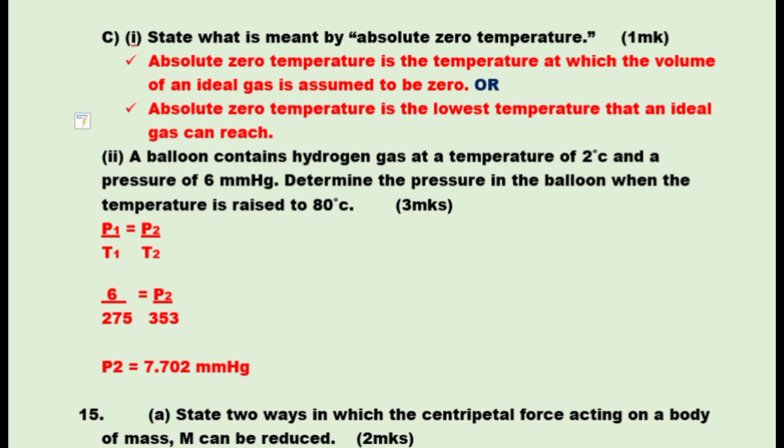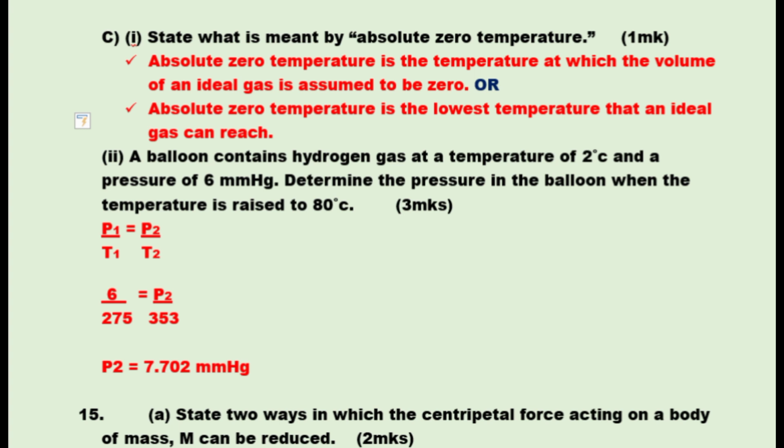The only thing here is that you have to work with SI units. For temperature, you have to work with Kelvin. So you convert 2 degrees by adding 273. It becomes 275. So 6 over 275 equals pressure 2 over 353, whereby we are saying 80 plus 273, because when you are converting Celsius to Kelvin, you add 273.